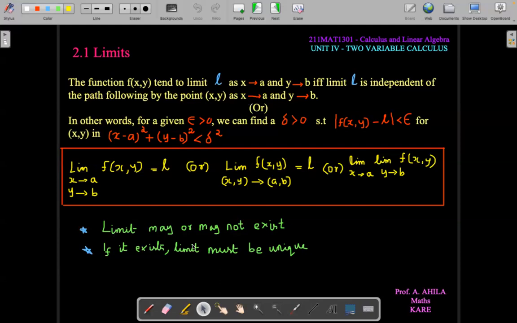So limit may or may not exist. There is no condition that all the functions should have a limit. Limit either exists or not. We are here to identify whether limit exists, and if it exists, what that limit is. And if it exists, the limit must always be unique. A function cannot have more than one limit.